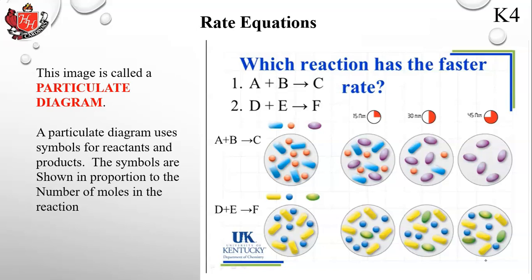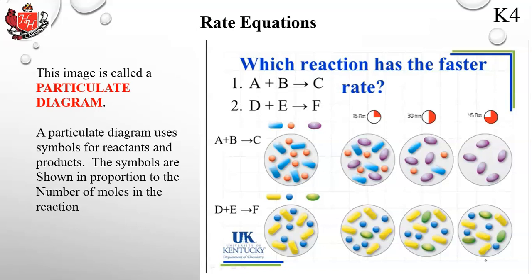So if you look at the first row of circles, you'll notice that it has a certain number of reactants. Those would be the blue ovals and the red circles. And all you have is reactants at that point.